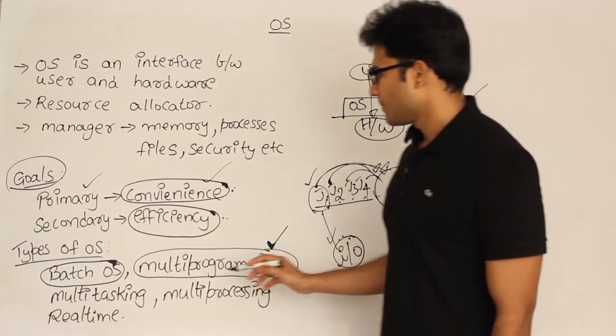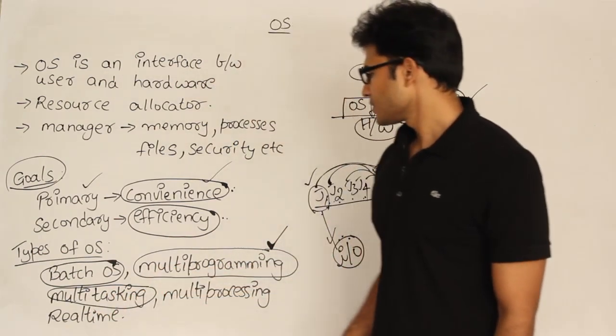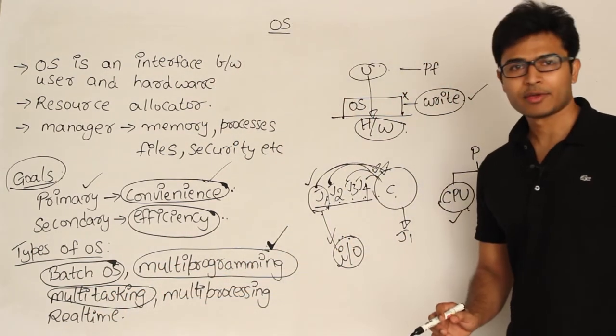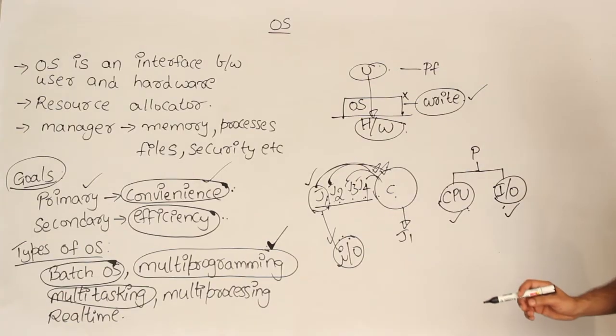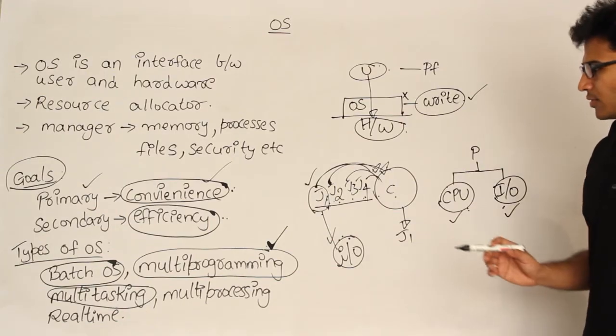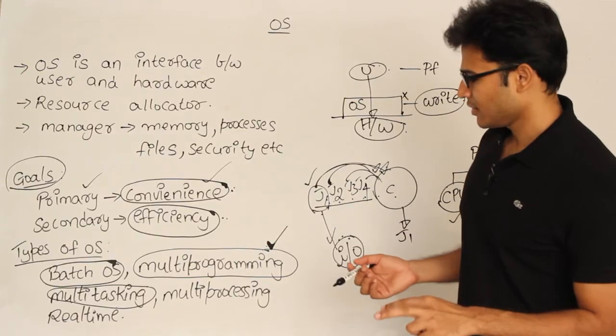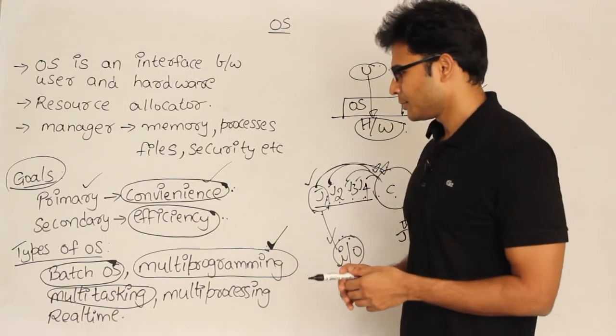And next one is the multitasking operating system. Multitasking is just an extension to multi-programming, where instead of providing access to one particular job and finishing it off, multitasking does it differently. There is actually a slight problem in the terminology.